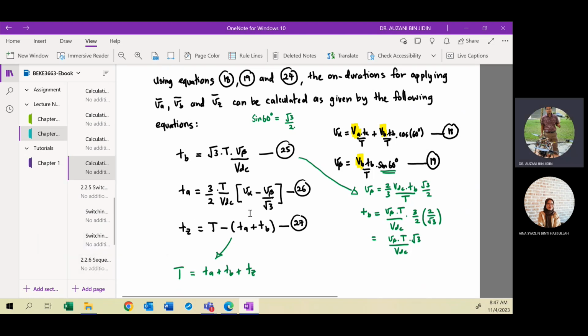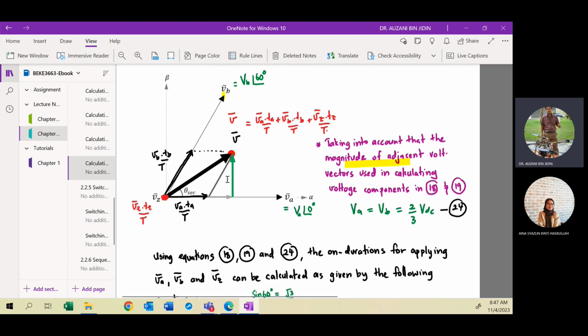Okay, any question before we proceed to the next page? In this section, you must be able to derive the equation for calculating on duration. On duration means on time, how long the time is for the vectors to turn on: VA, VB, and zero vector, and TA, TB, and TZ. In order to derive, you need to support your derivation with a diagram, the vector diagram, for example like this one.